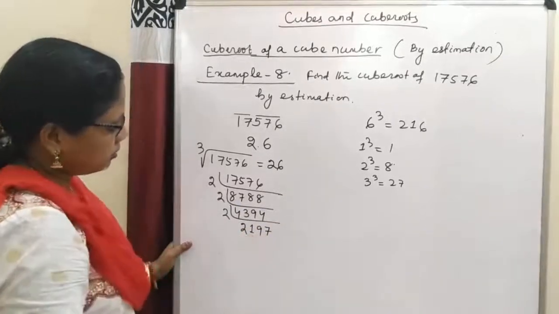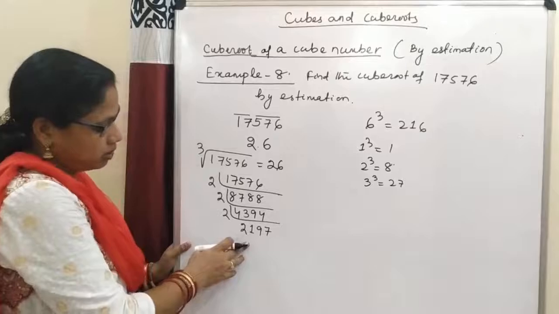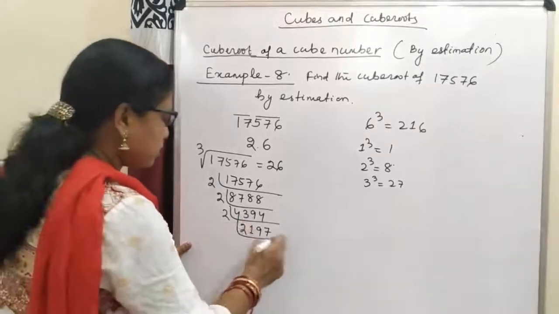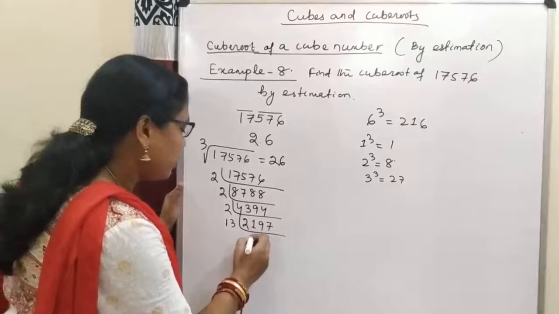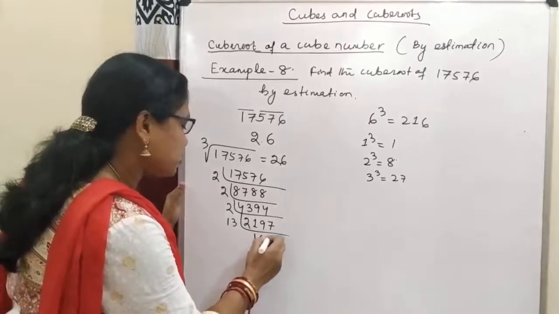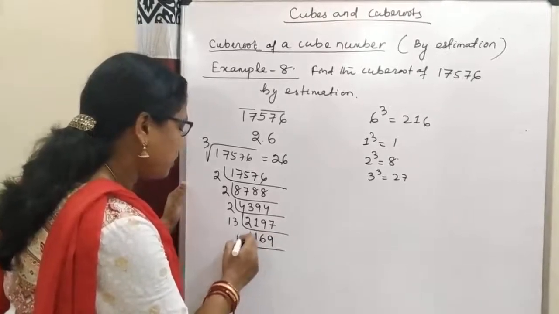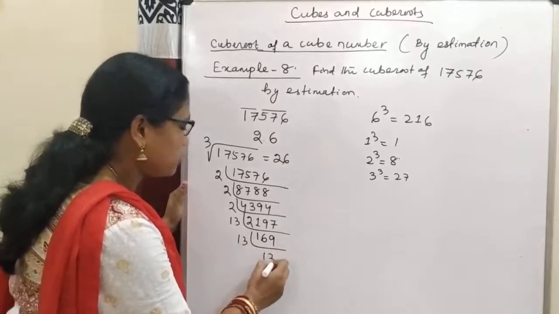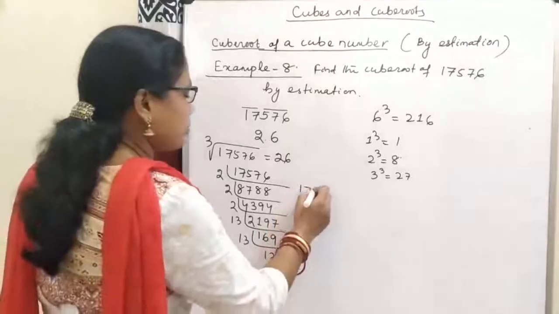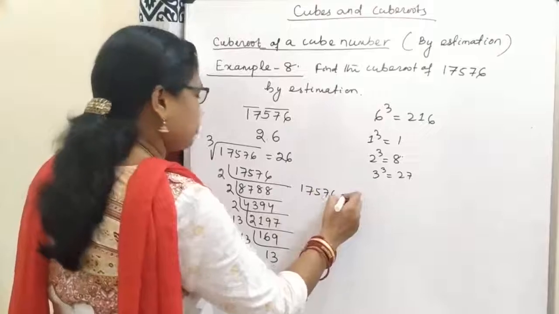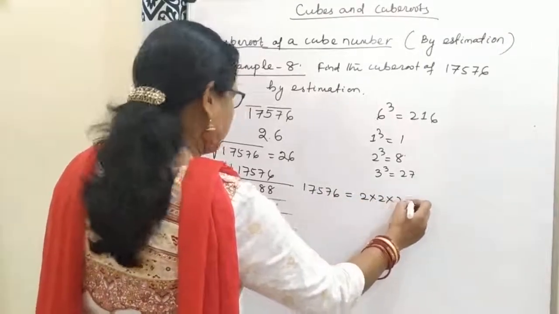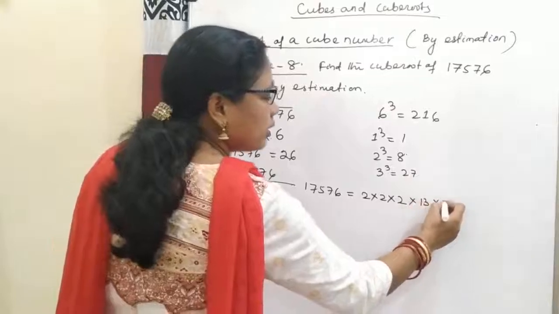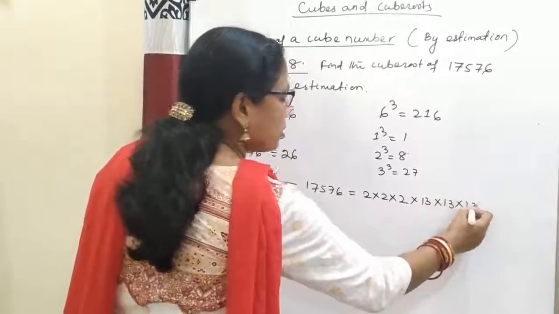Then it is not divisible by 3 or 5. So let us try 13. It is divisible by 13, and this is 169. Then again it is divisible by 13, so 13. So 17576 is equal to 2 multiplied by 2 multiplied by 2 multiplied by 13 multiplied by 13 multiplied by 13.